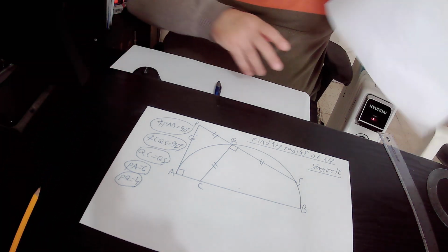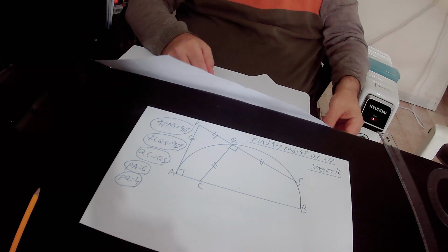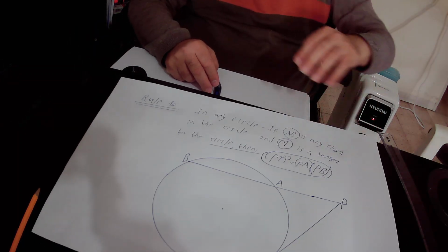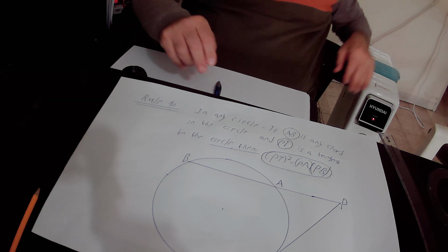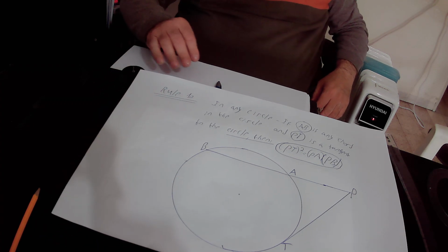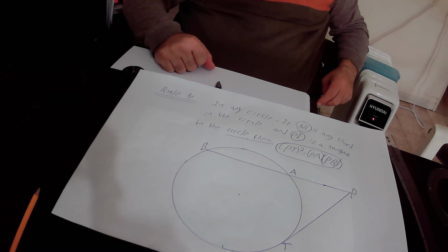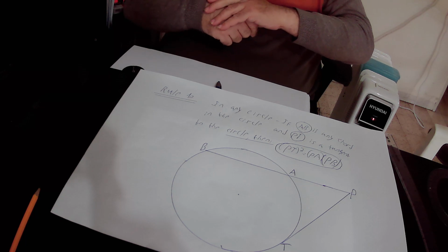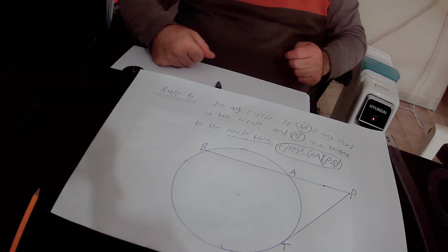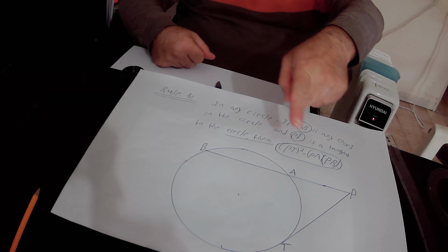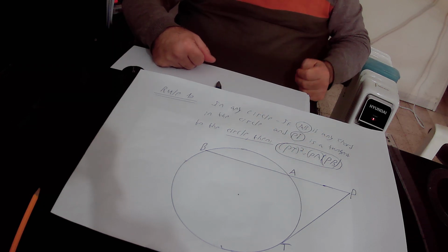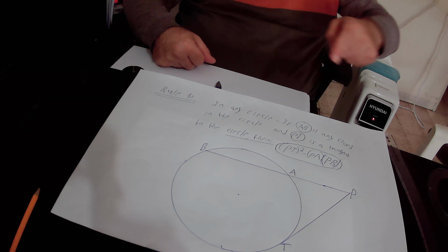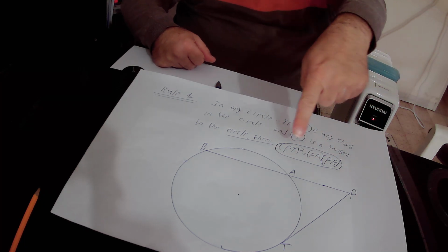The new rule is rule number 10. According to rule number 10, in any circle, if AB is any chord in the circle, here AB is a chord in this circle, and PT is tangent to this circle at point T, then the following equation is true: PT squared equals PA times PB.